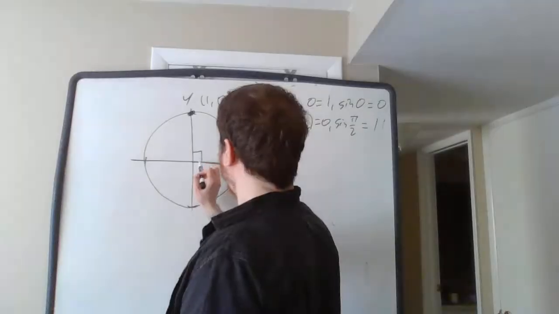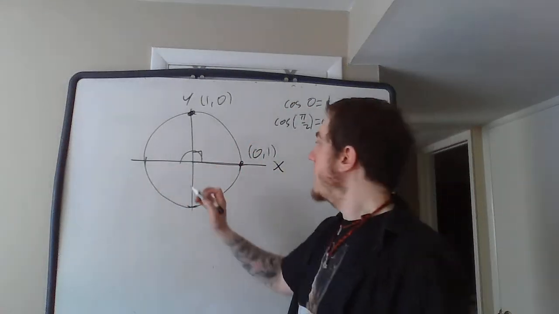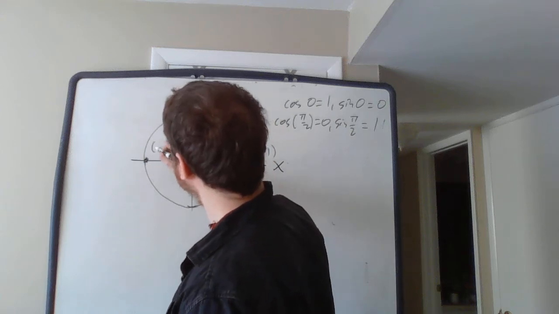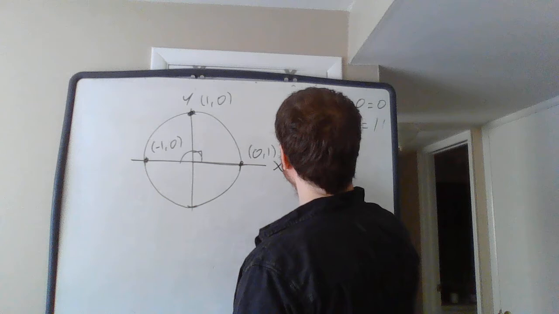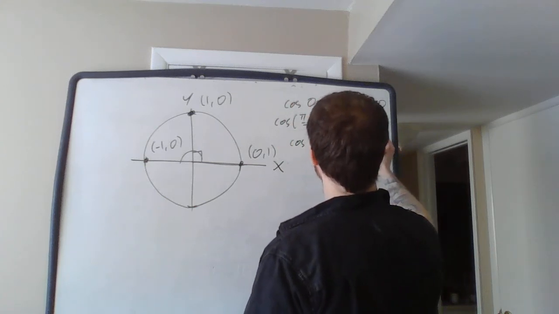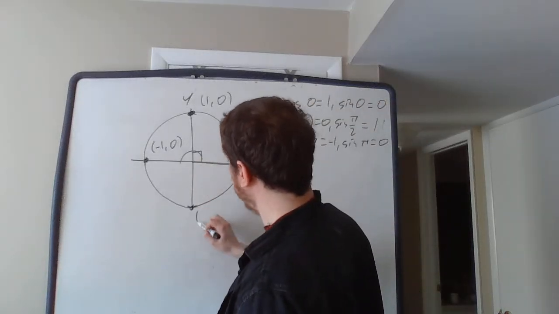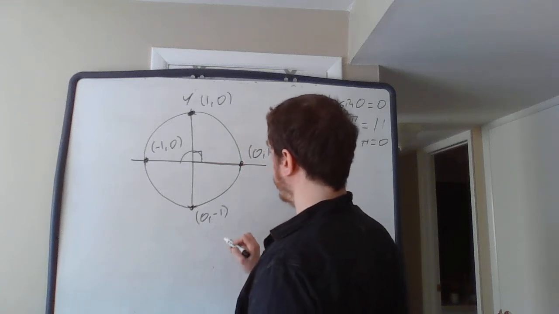If I look all the way over here, so half a circle around, that is going to be an angle of pi, and this point over here is minus 1, 0. So this tells me that the cosine of pi is minus 1, the sine of pi is 0, and then down here at the bottom, this point we know is going to be the point 0, -1.